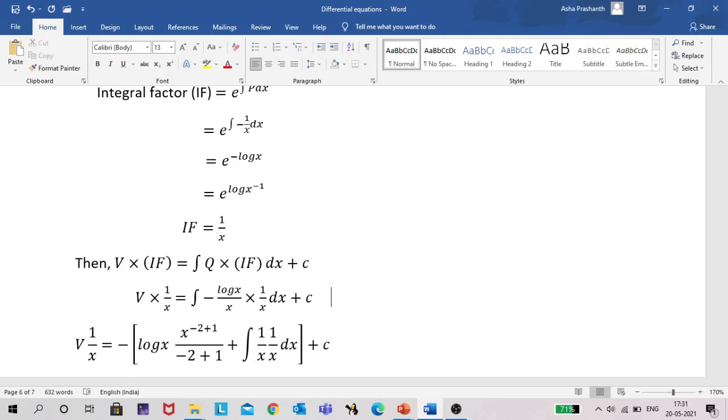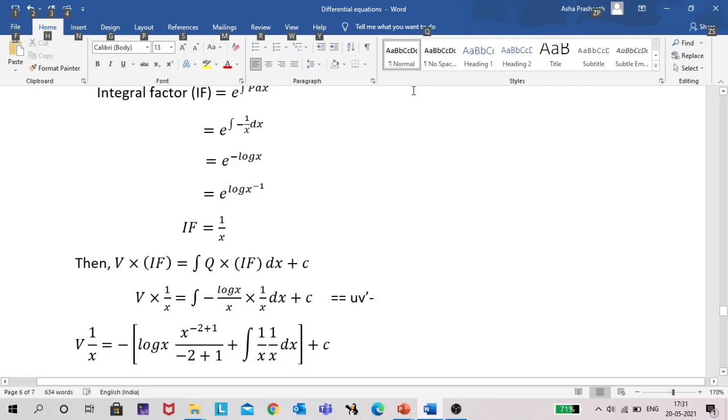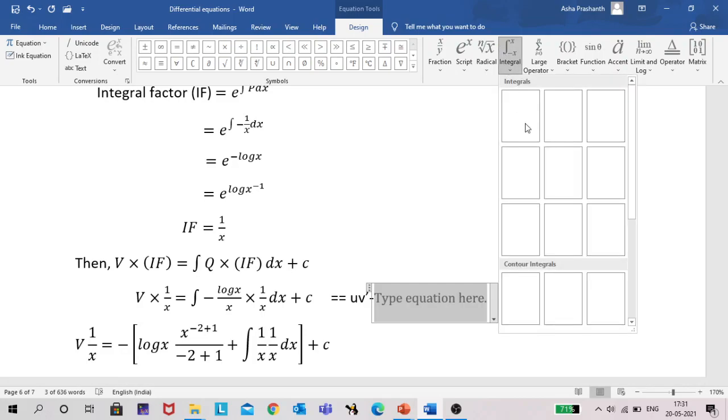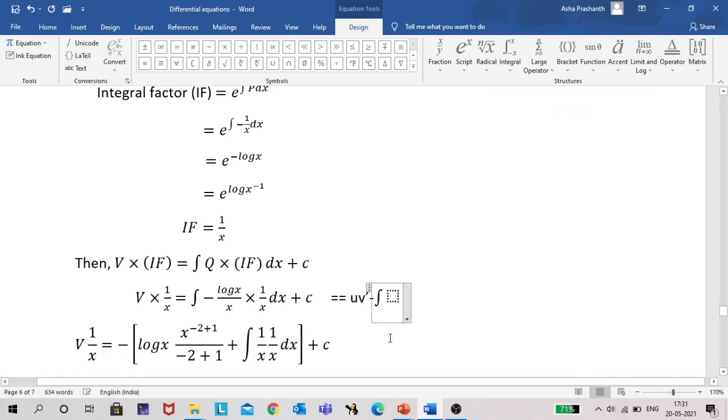Integration of uv is equal to u into integration of v, so u into v dash, then minus integration of u1 and v dash.